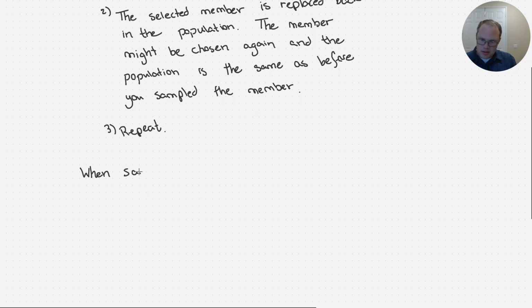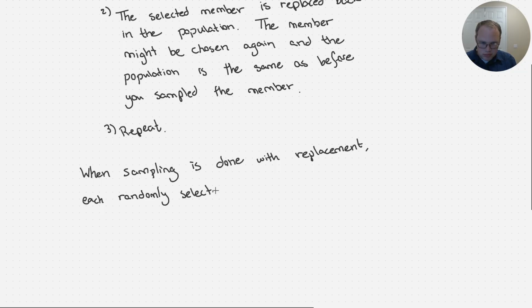When sampling is done with replacement, each random sampling, each randomly selected member is chosen independently.